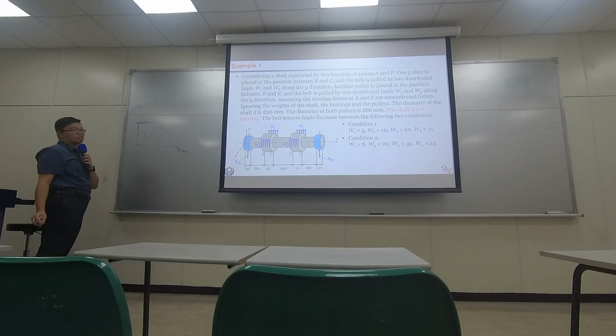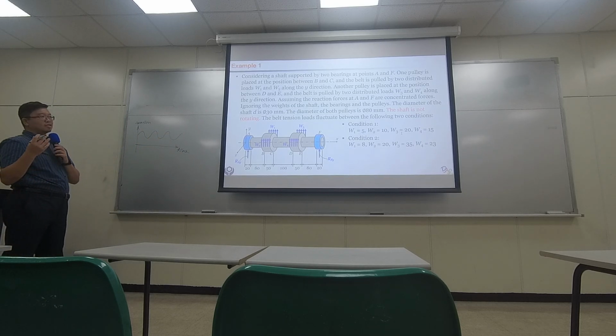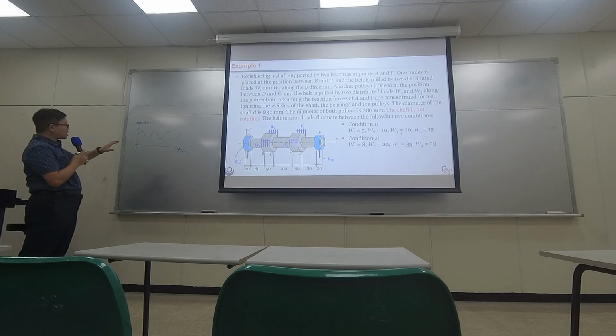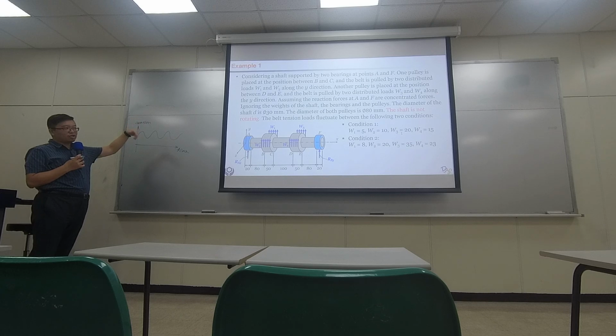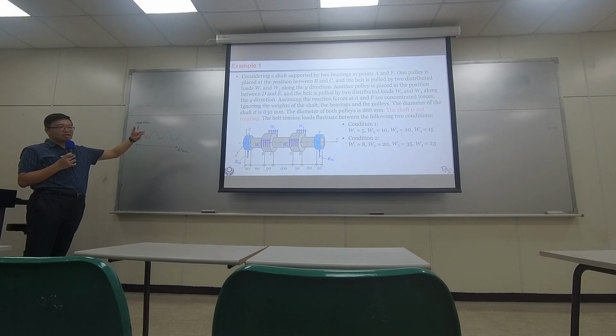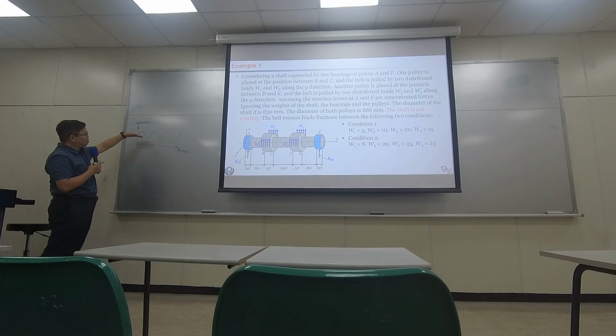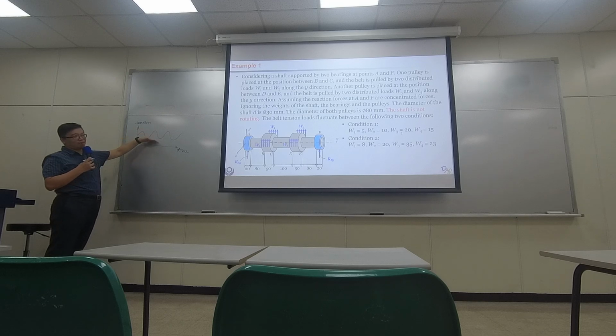Okay? And because the tension is fluctuating, when we compute the shear diagram and moment diagram, there will be two extreme conditions, the one at the very top and the one at the bottom.